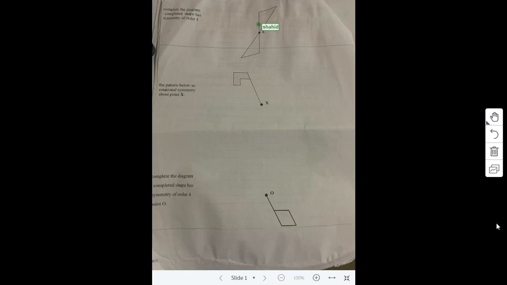Basically, because it says order of four here, right, at the top one. Yes. I'm pretty sure that means that around a point it's 360 degrees, a full turn. So because it's four, 360 divided by four is 90, right?